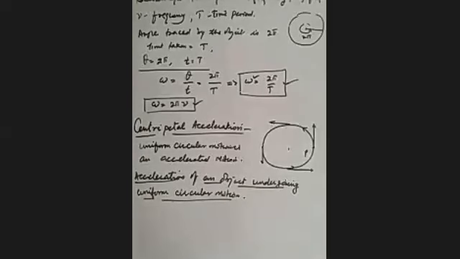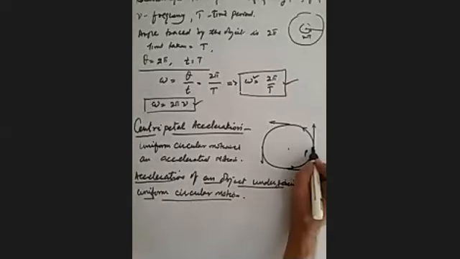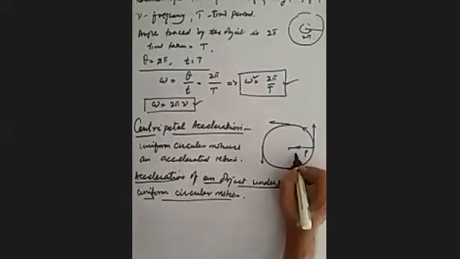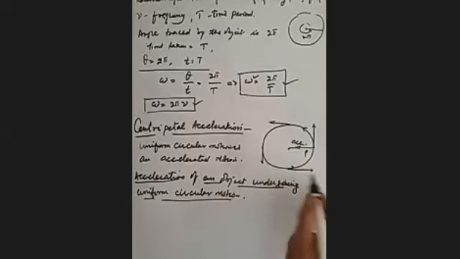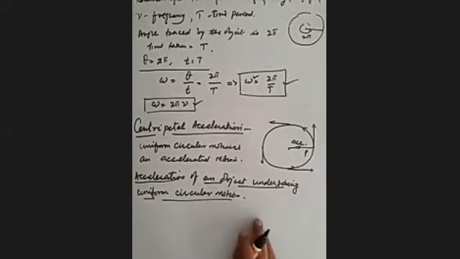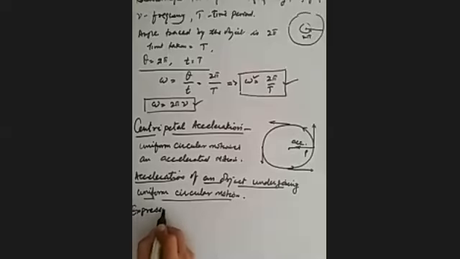So that is the definition of centripetal acceleration. And we must remember the direction of centripetal acceleration is always along the radius towards the center. So acceleration direction is along the radius towards the center. You will understand this better when we proceed further. Now let us get the expression for this uniform circular motion.